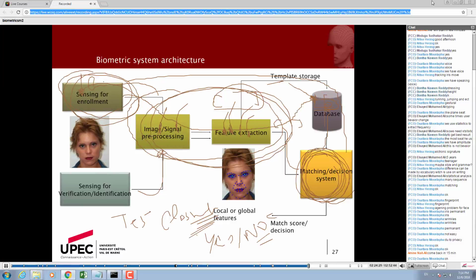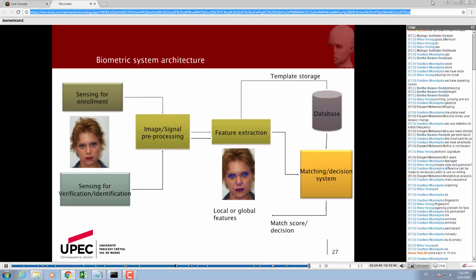So classification methods you can use basically in identification cases. And in identification, how it works, you can just notice that you keep exactly the same scheme. You don't have to change anything between verification and identification. You keep the same scheme.